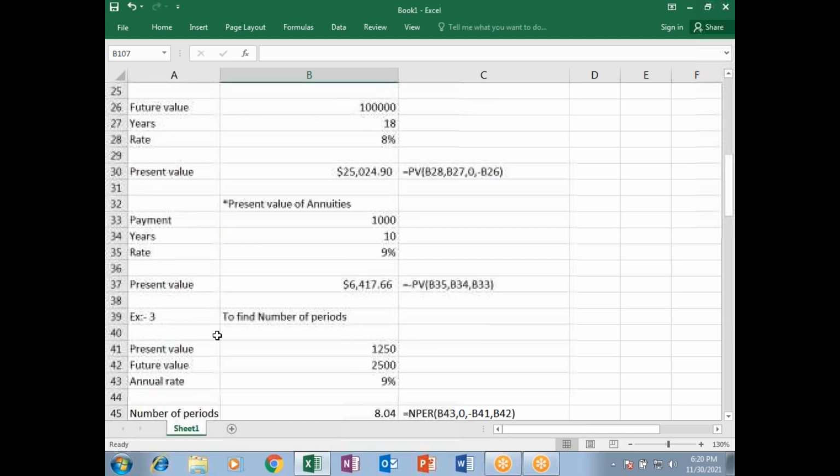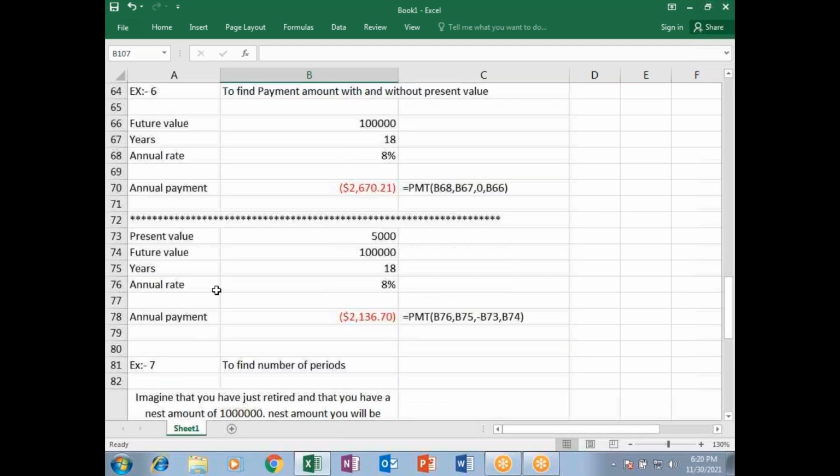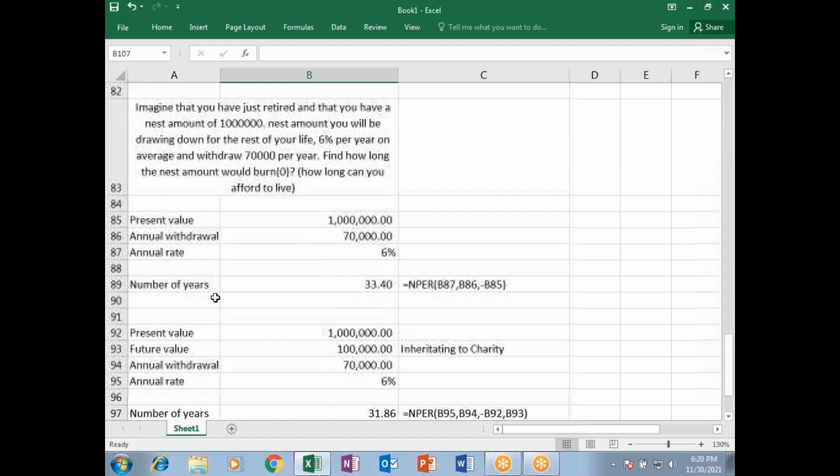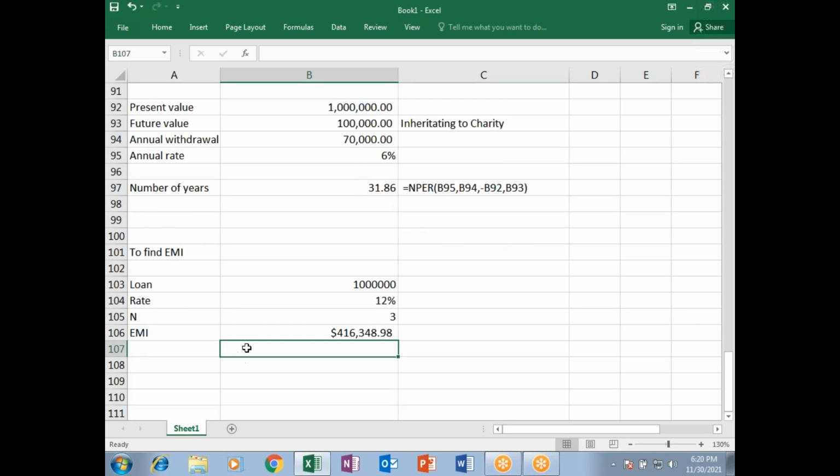This Excel sheet also I will send you. Any doubts? You're all understanding?